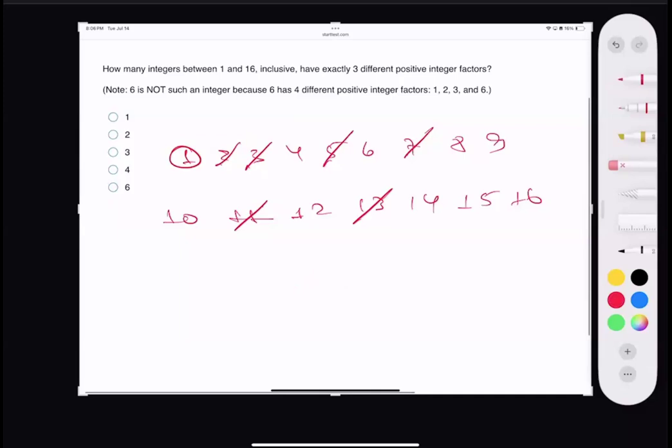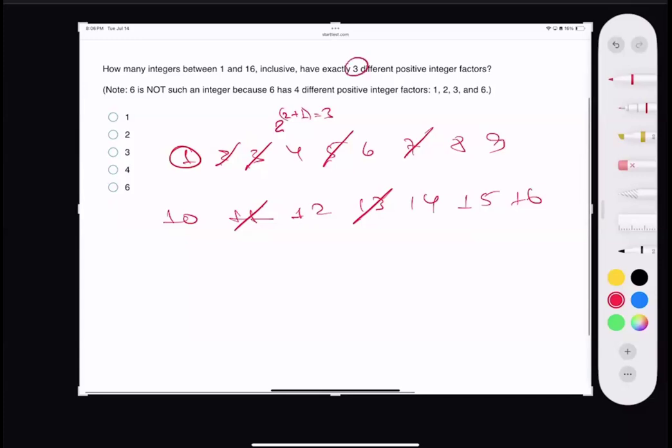Let's suppose I am in a rush and I want to do this quickly. I exclude the primes, I don't need to list them. Let's see 4. 4 is 2 squared, so it has 3 divisors.